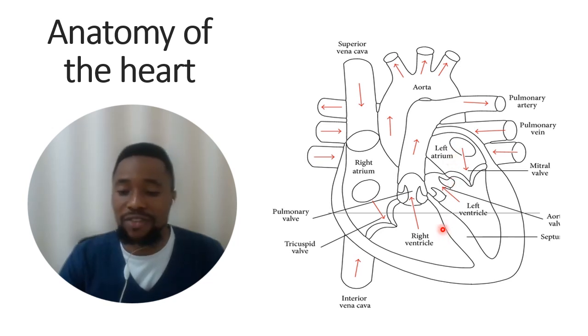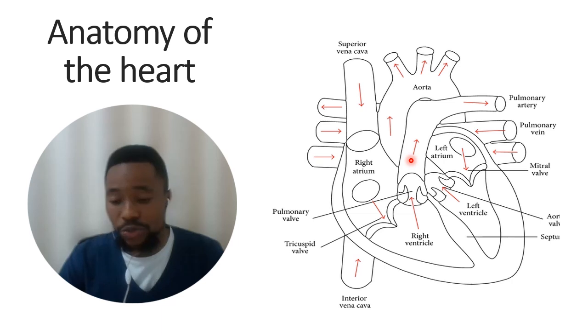The ventricles are separated by the interventricular septum, which is what you have here, while the atria are separated by the interatrial septum. In some disease conditions, you can have an opening in the ventricular septum or in the atrial septum.